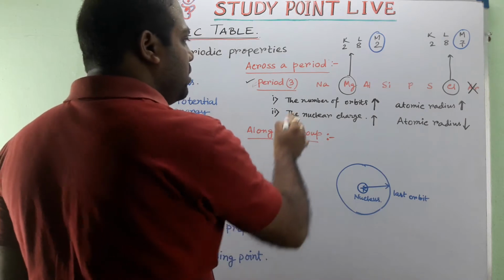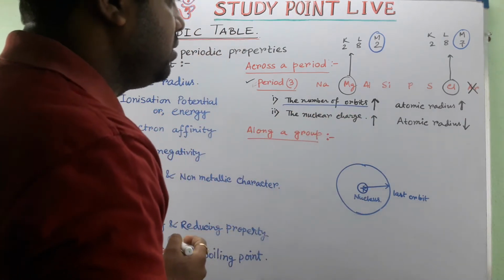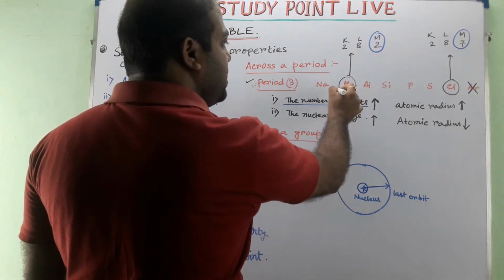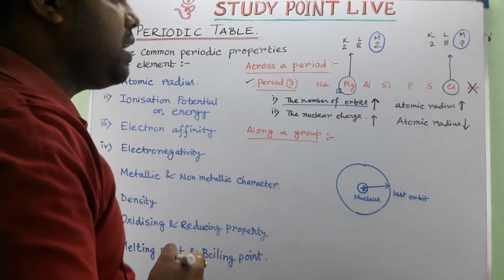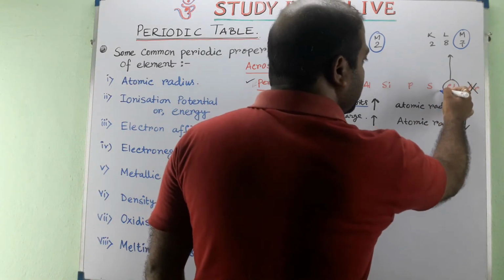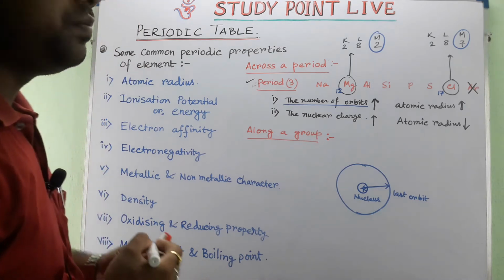That's why the number of orbits is unchanged, but the nuclear charge differs. Magnesium has 12 protons and 12 electrons in it, and chlorine has 17 protons and 17 electrons.